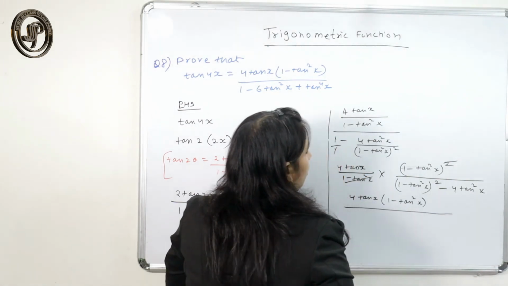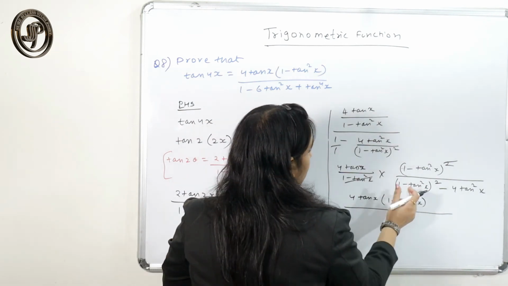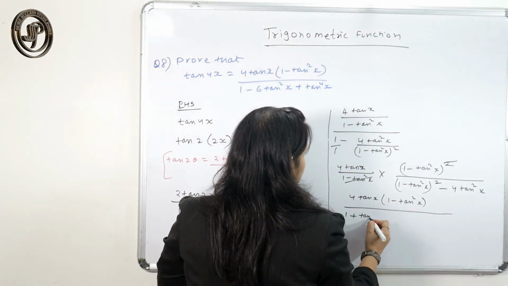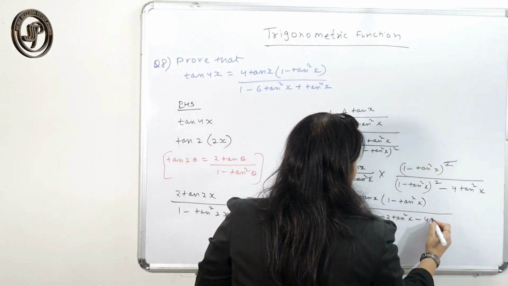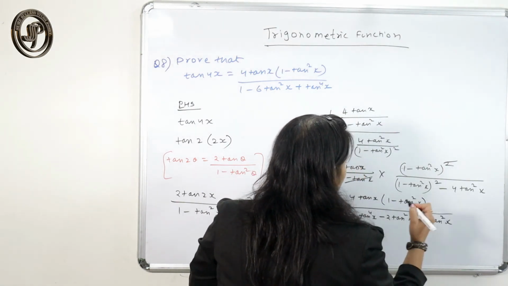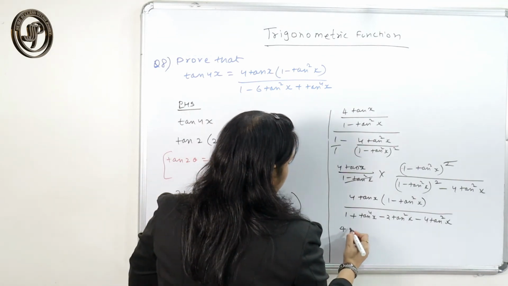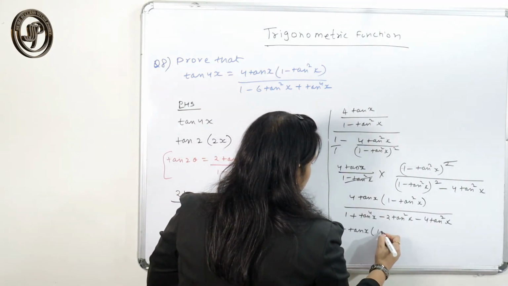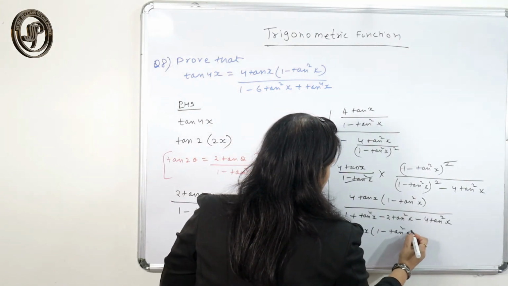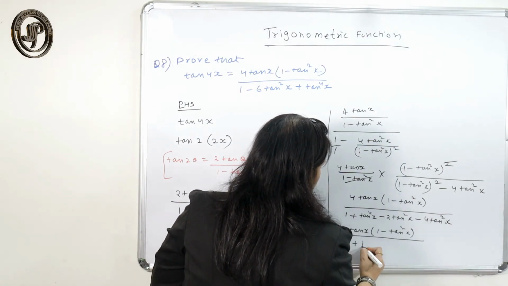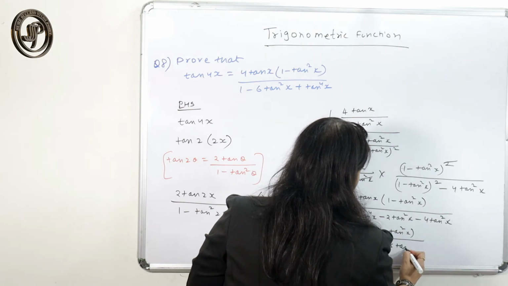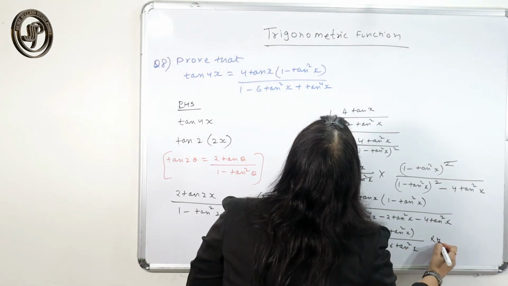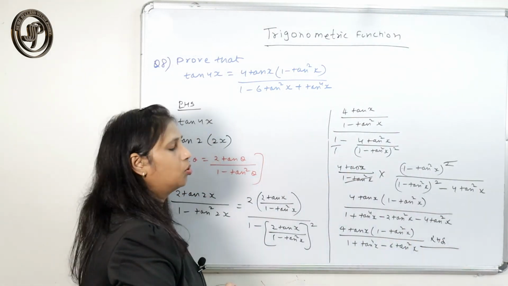Now you have to simplify this: 1 plus tan 4x minus 2 tan square x minus 4 tan square x. Fine. So 4 tan x, 1 minus tan square x over 1 plus tan 4x minus 6 tan square x. That is the RHS which I need to prove.